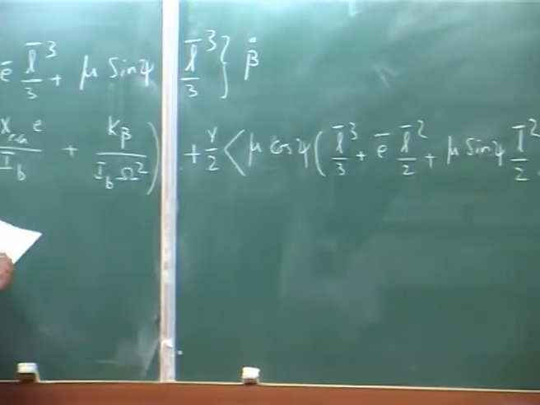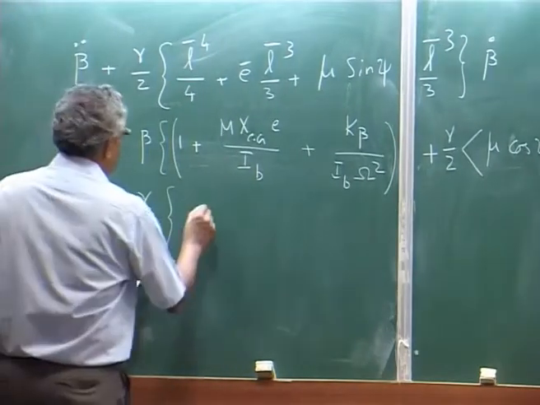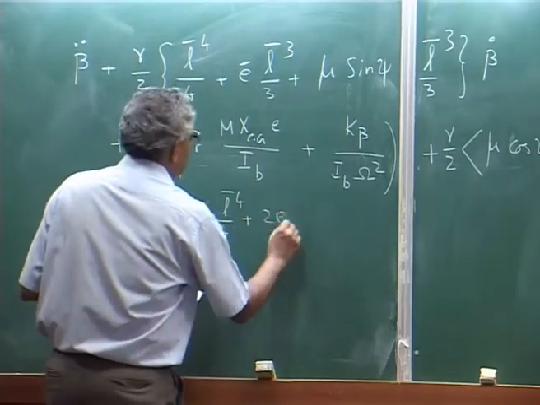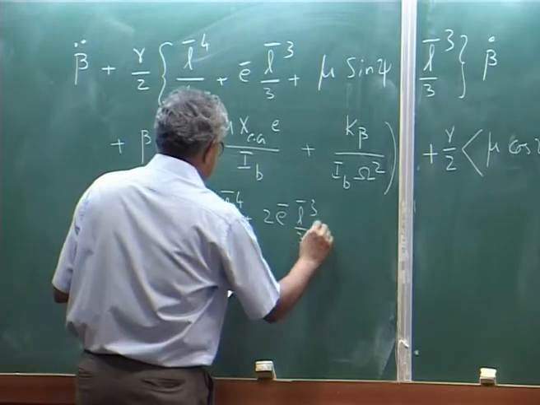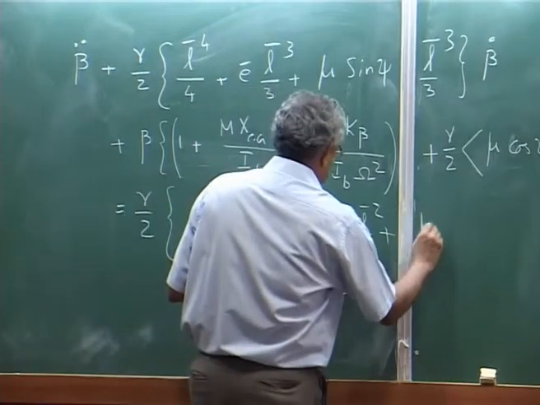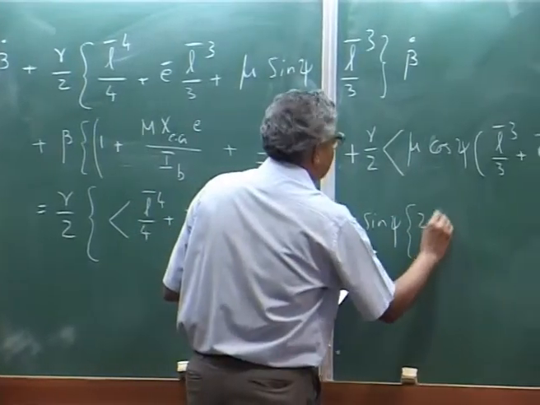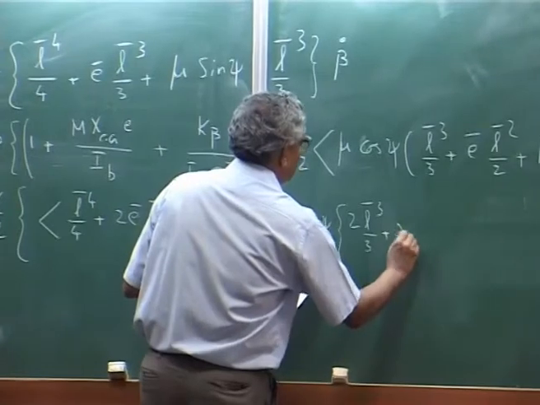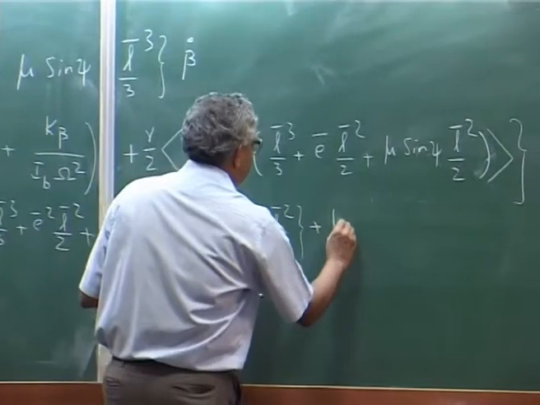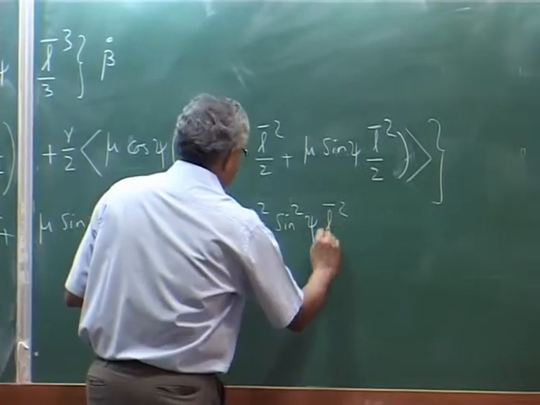Okay. And then the right hand side you will have equals gamma over 2, you will have the control input 2 E bar L bar cube over 3 E bar square, anyway mu sin psi 2 E bar, plus mu square sin square psi L bar square over 2.